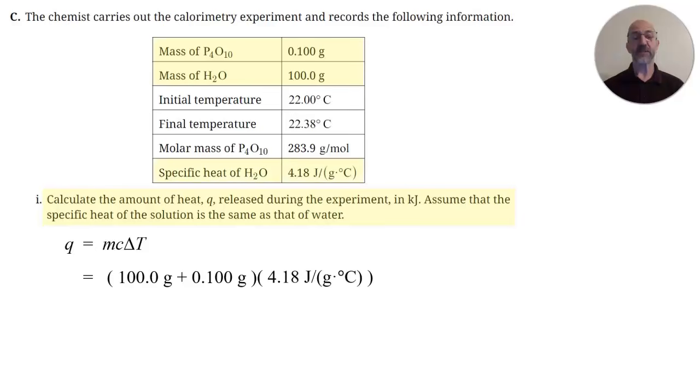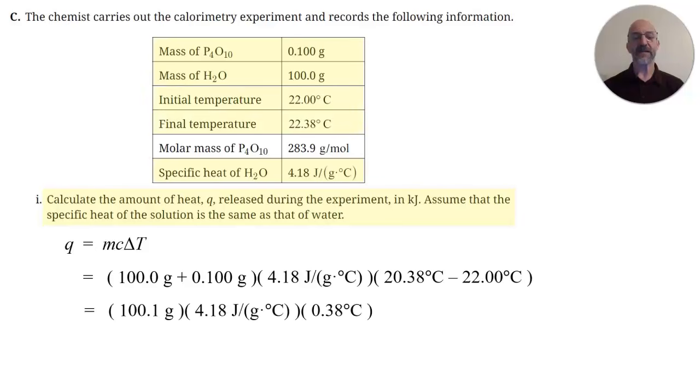And the change in temperature would be the difference between 22.00 and 22.38 degrees Celsius. So that's a difference of 0.38 degrees Celsius. Just like we saw in the previous question from this packet, we have a delta T that has only two significant figures.